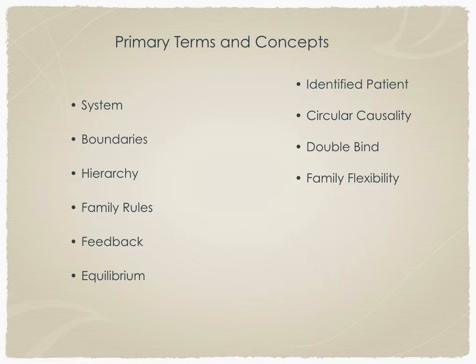The next one, family flexibility. This is the family's adaptability to new stress or stressful situations, and it's how well or not well they handle the new situation. So how your family would deal with, I guess, the death of a sibling.